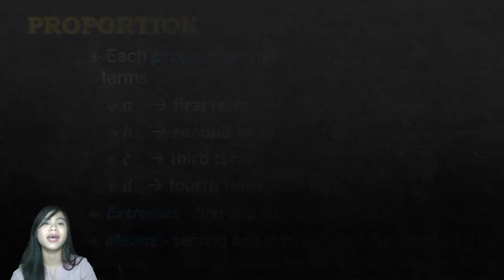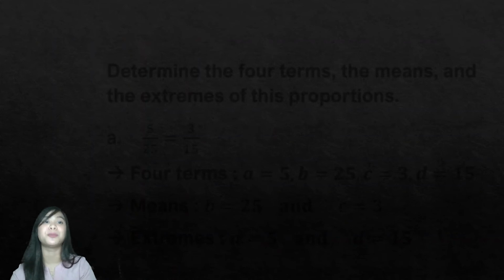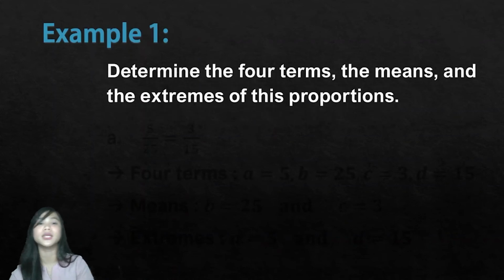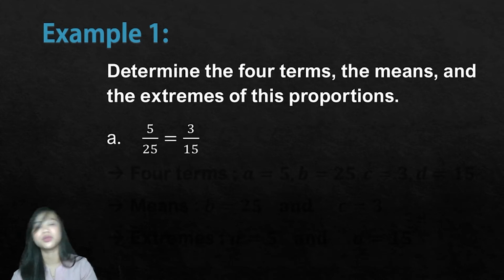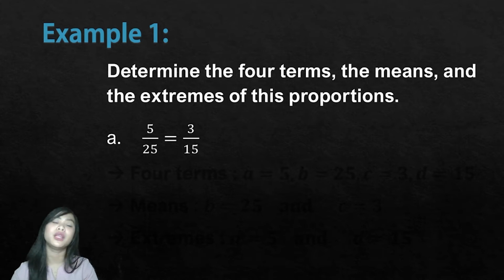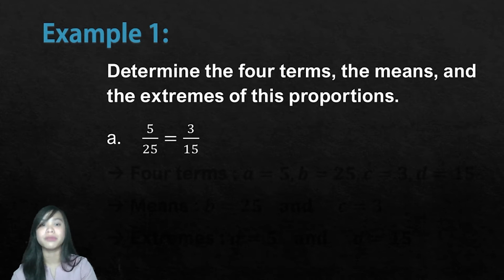So let's have example number 1. Let us determine the four terms, the means, and the extremes of this proportion. Given letter A, 5 over 25 equals 3 over 15. We have two ratios here, 5 over 25 and 3 over 15.